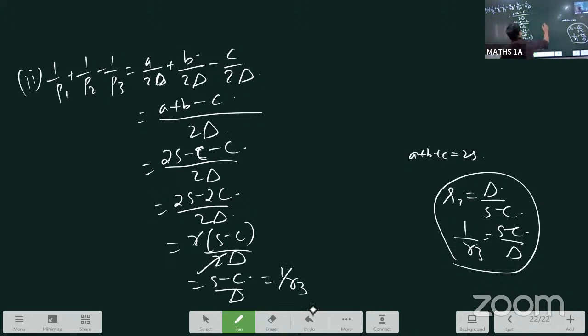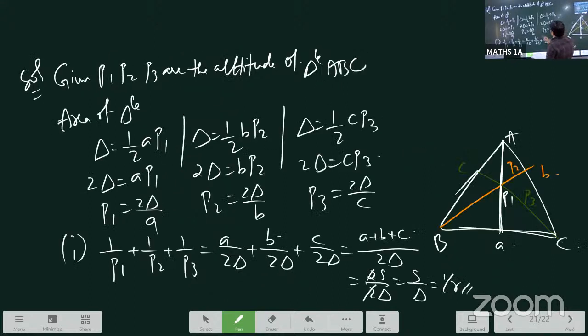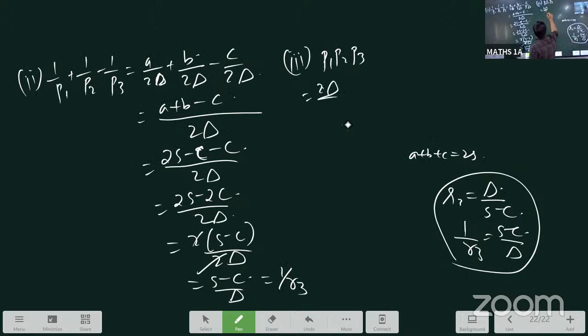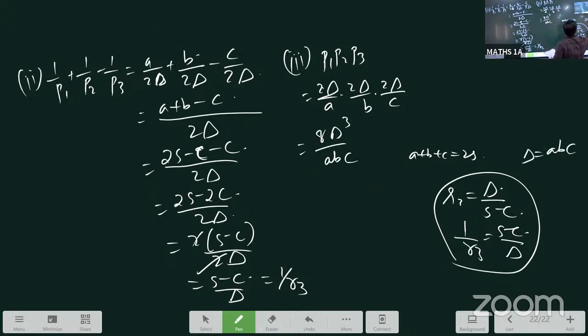What is the third bit asking? P1, P2, P3. What is your P1? 2 delta by A. Correct? 2 delta by A, 2 delta by B, 2 delta by C, that is 8 delta cube by ABC. See, you got one of your results. Now, delta, I can write it as ABC by 4R, another formula.